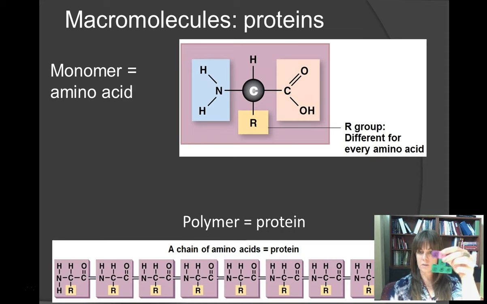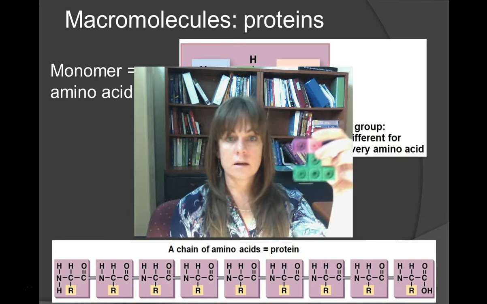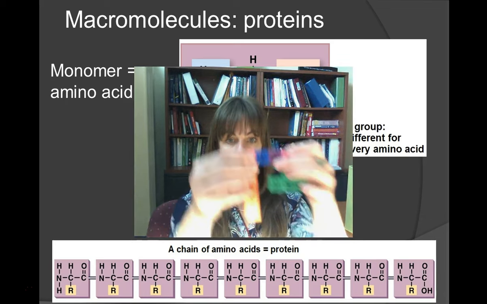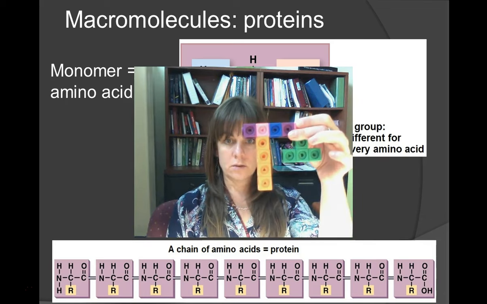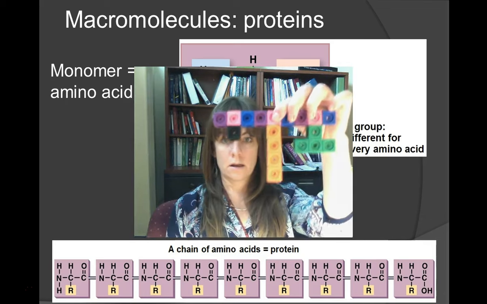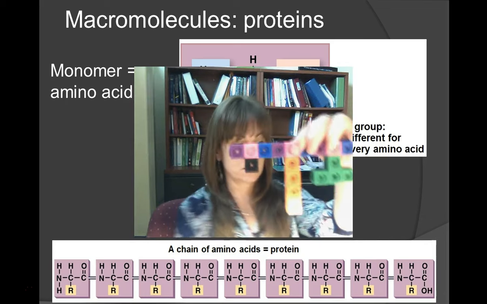One type, and actually let me make this bigger so it's a little easier to see. Okay, so here we go. One type of amino acid, and we're going to hook it to another type. And here we're making it bigger, okay? We're making this protein.